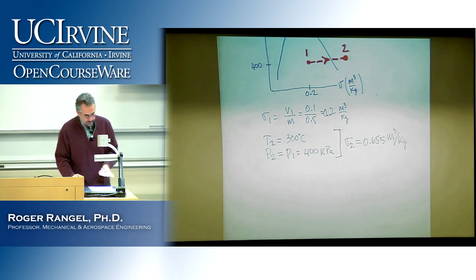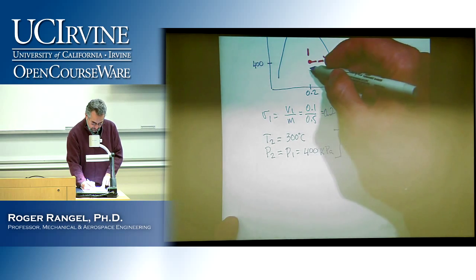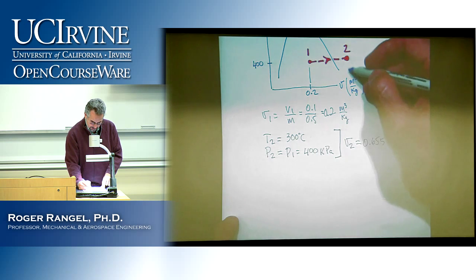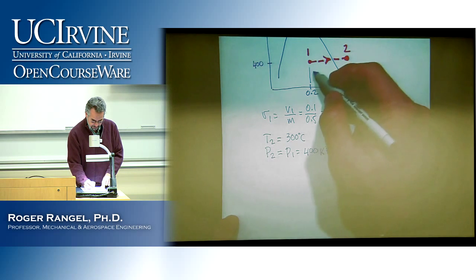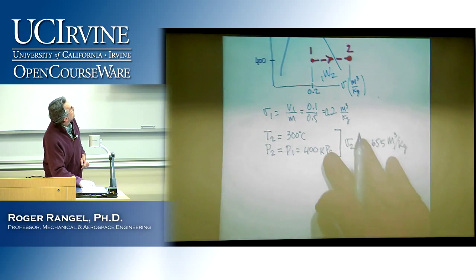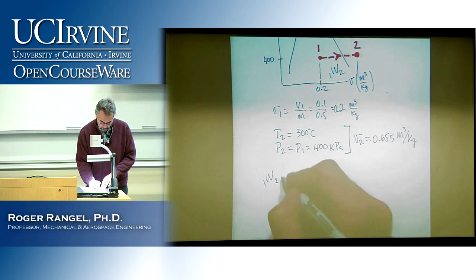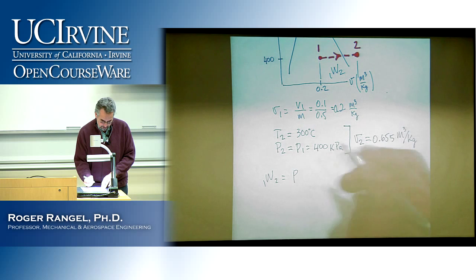So that means that I could immediately find the work, because remember, the work will be this area. That's the work per unit mass. My V is a little bit in the middle there, my axis, but this area is the work. So I can compute that. W12 will be P, which is constant.